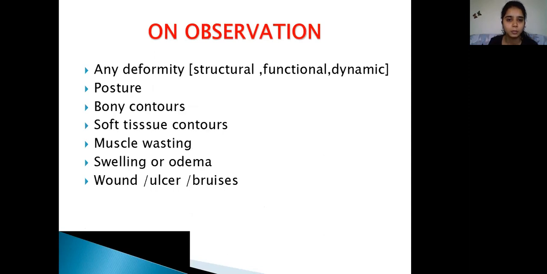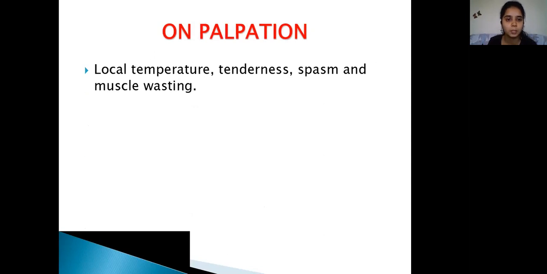In case of structural deformity, an example is step deformity; functional deformity is anything related to movement; and dynamic is due to muscle imbalance. One should also look for posture, bony contours, soft tissue contours, muscle wasting, swelling or edema, wound, ulcer, or bruises. Coming to palpation, you should look for local temperature, tenderness, spasm, and muscle wasting.